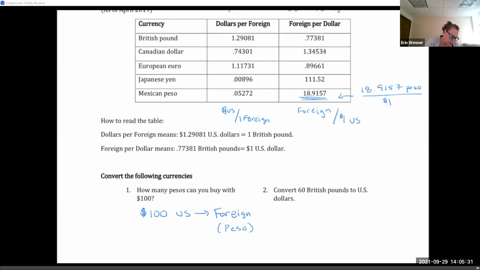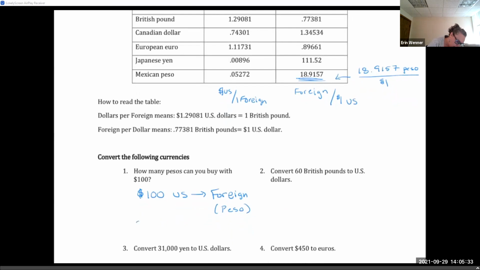So if we set up our conversion, we're going to take 100 US and multiply it by 18.9157 pesos to $1 US. Again, remember, we're always trying to have our units of measure cancel diagonally from each other.